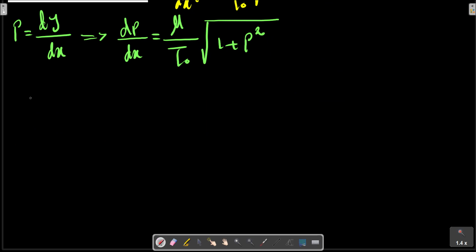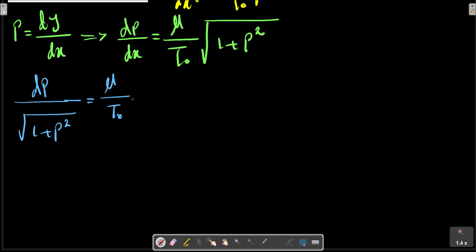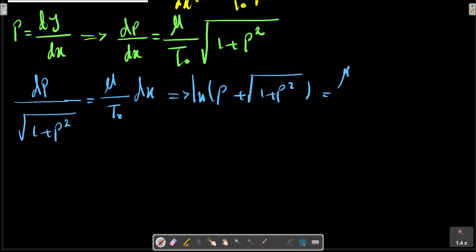So we can rewrite the relation as this expression, dp over the square root of one plus p squared equals dx. We make an integration: ln p plus the square root of one plus p squared equals x plus c.